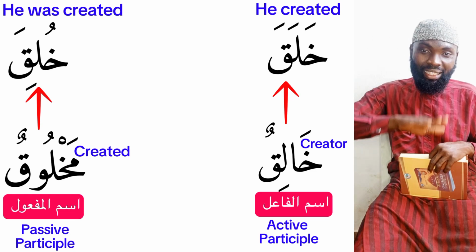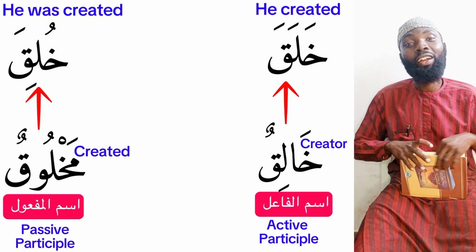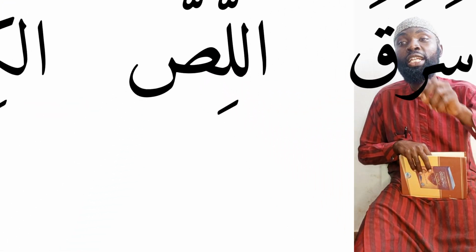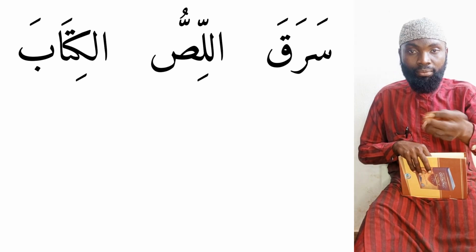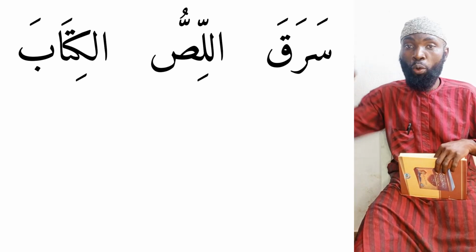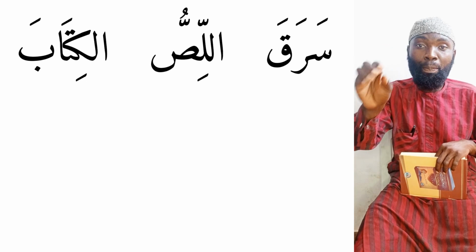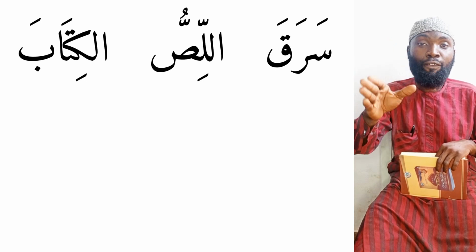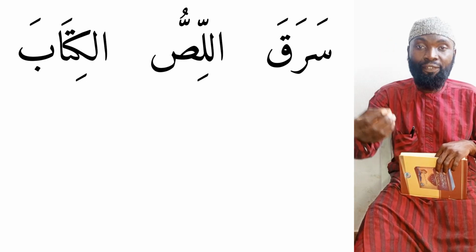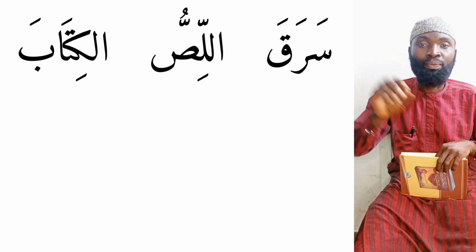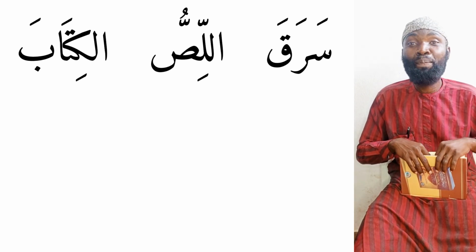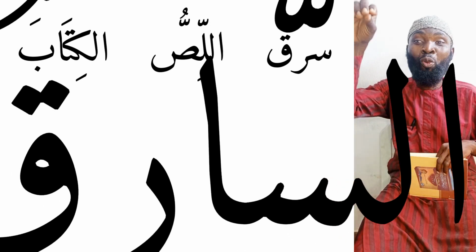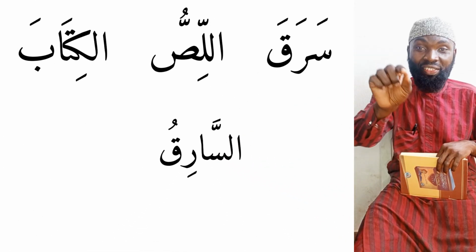To express this using another sentence, we can say saraqal lissu al-kitaba. The thief stole the book. Now the action is performed by the performer, who is the thief, al-lissu. From the word saraqa, which is the verb, we can simply form as-sariqu, the thief.